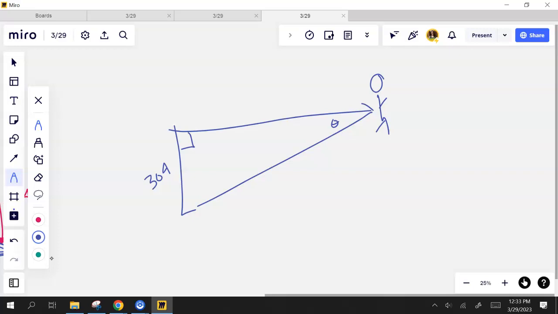I thought you were looking for the base of the triangle. Most of the time you're wanting to know if I'm this far, how tall, or if it's this tall, how far am I? It's odd to look for the hypotenuse.